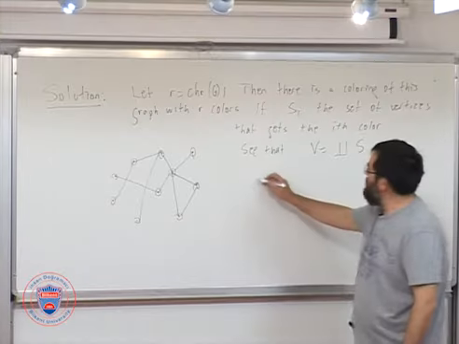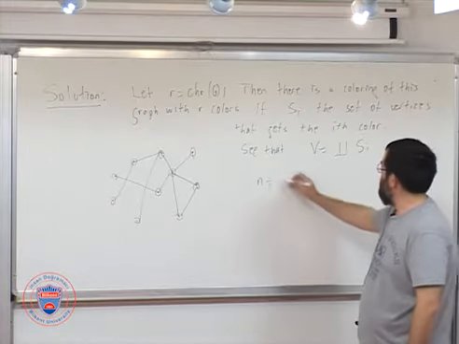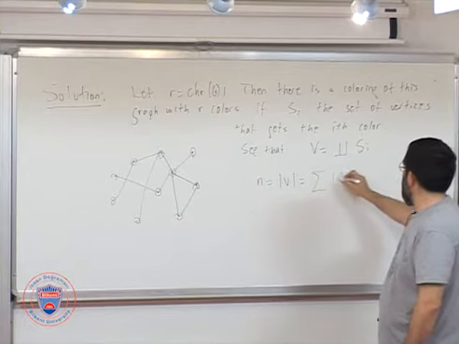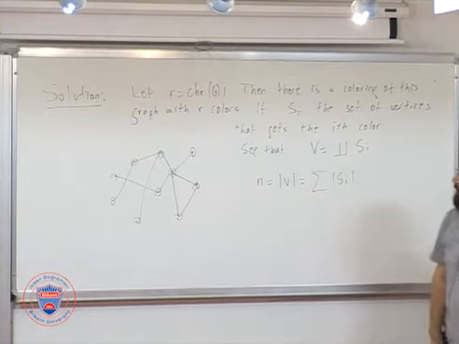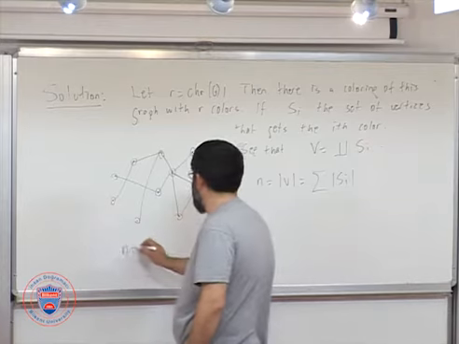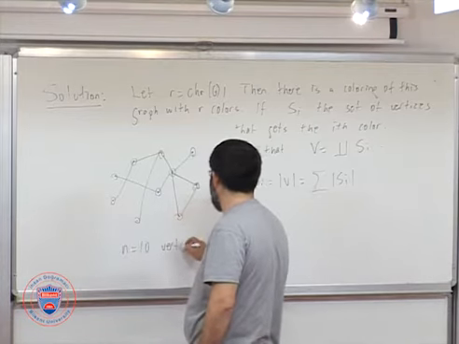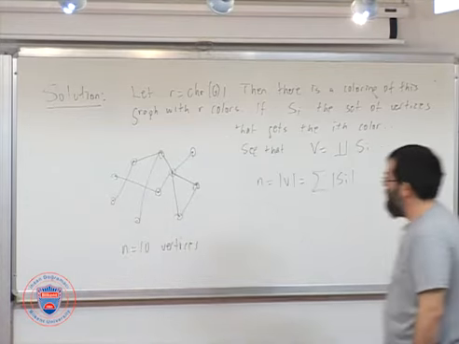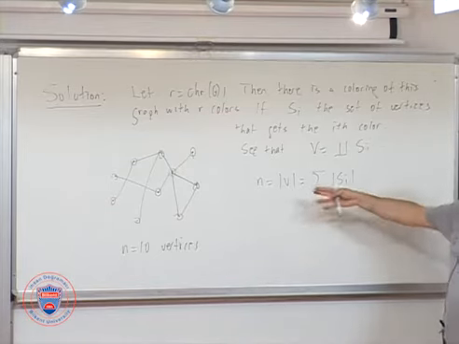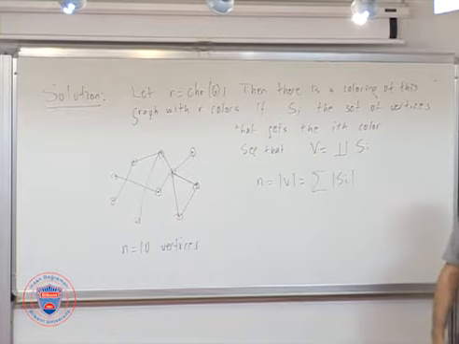So that means you can say n, the number of vertices, is the sum of the sizes of these sets. Here you have 3, 3, 4, totally n equals 10 vertices. So here you're summing 3 plus 3 plus 4 to get 10.